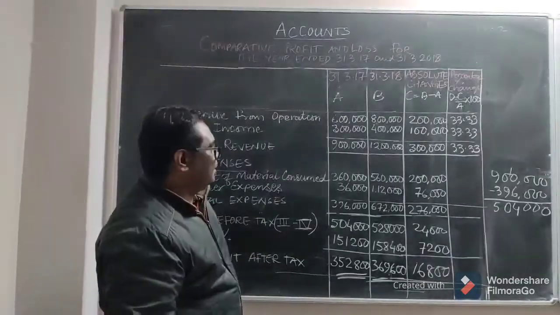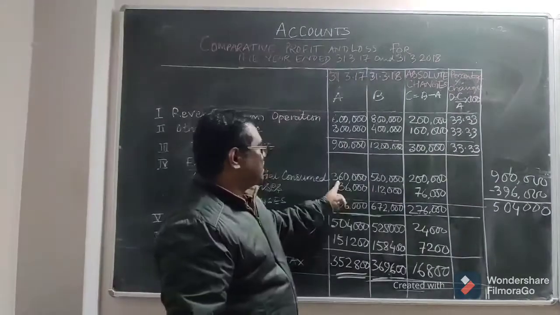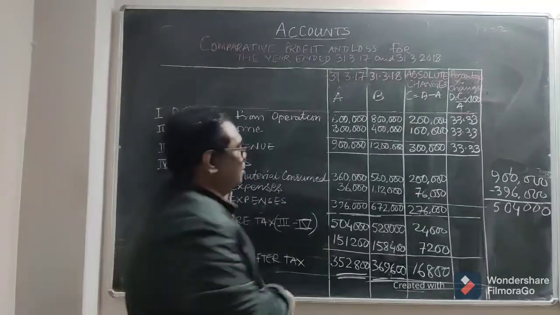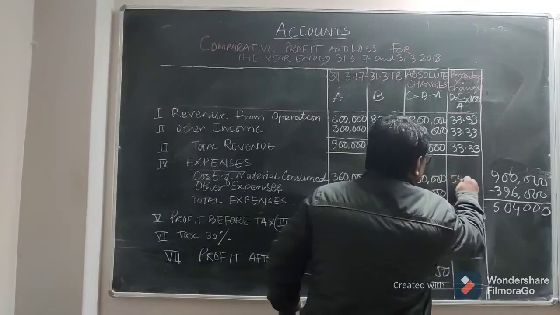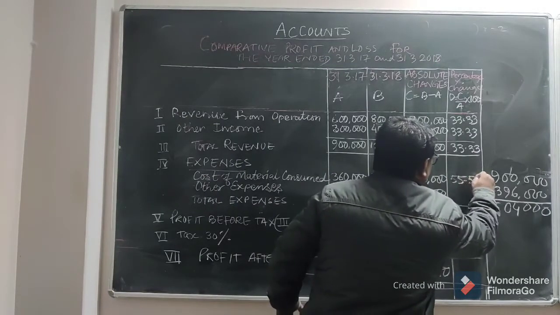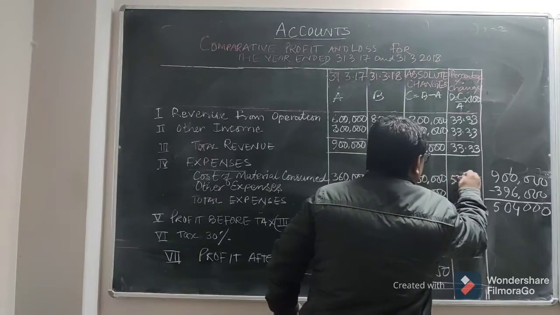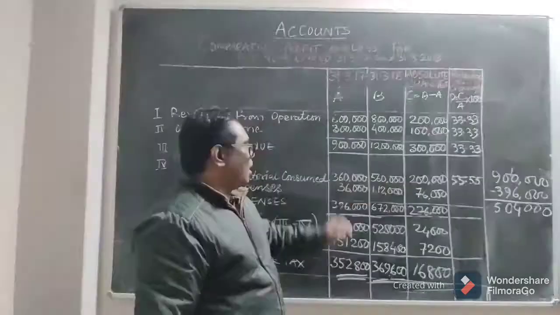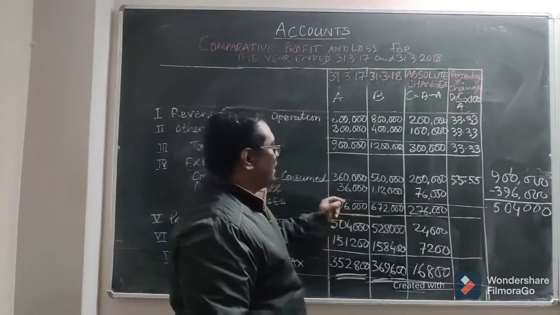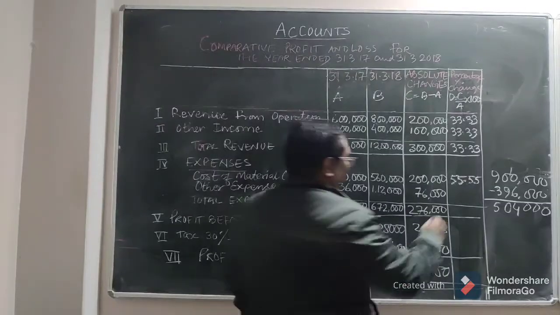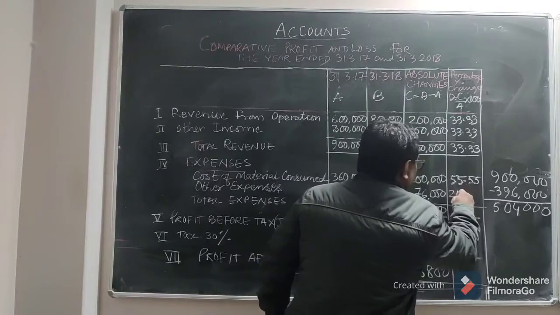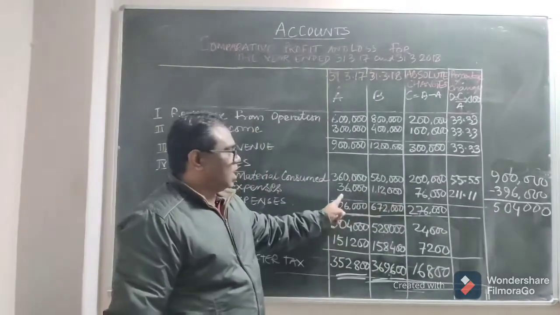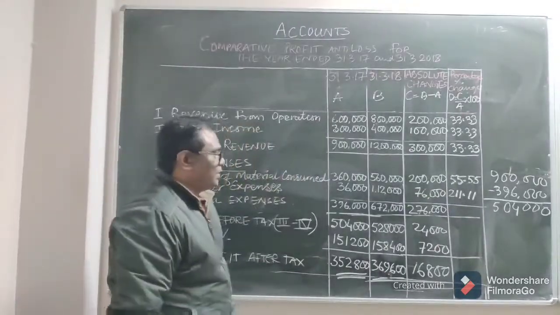Now the next one: 2 lakh divided by 3,60,000 into 100 gives 55.55. Again, 76,000 divided by 36,000 into 100 gives 211.11.